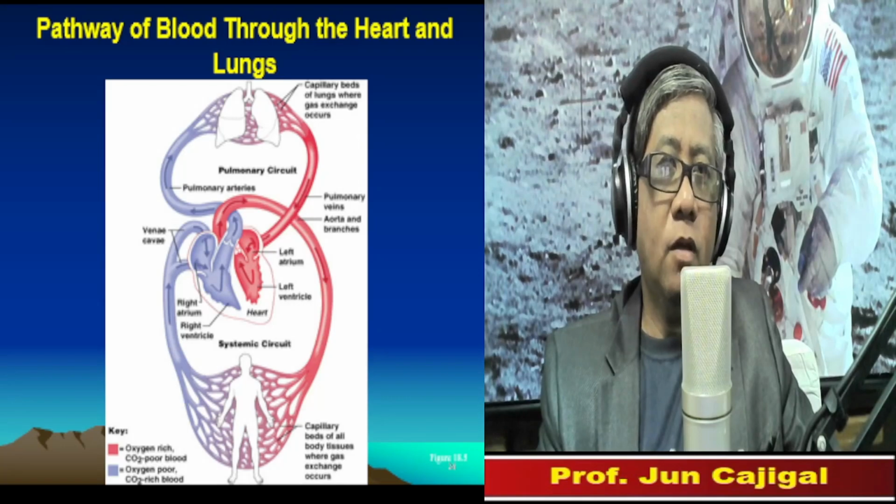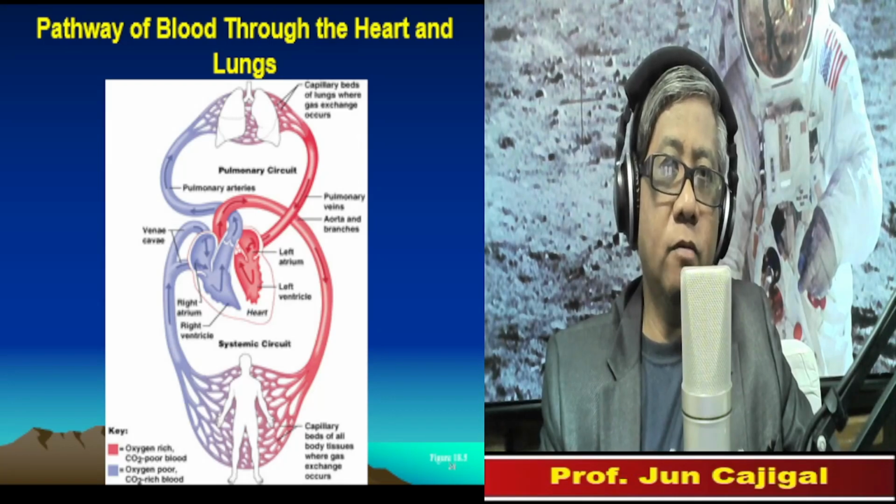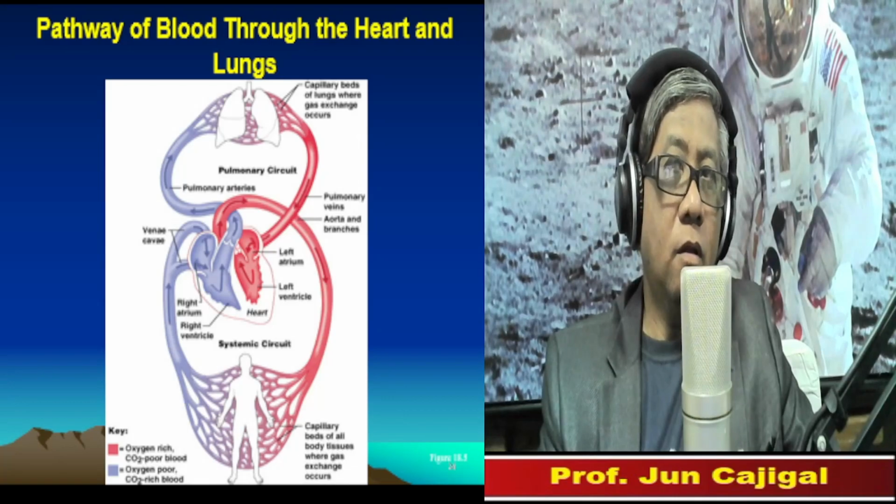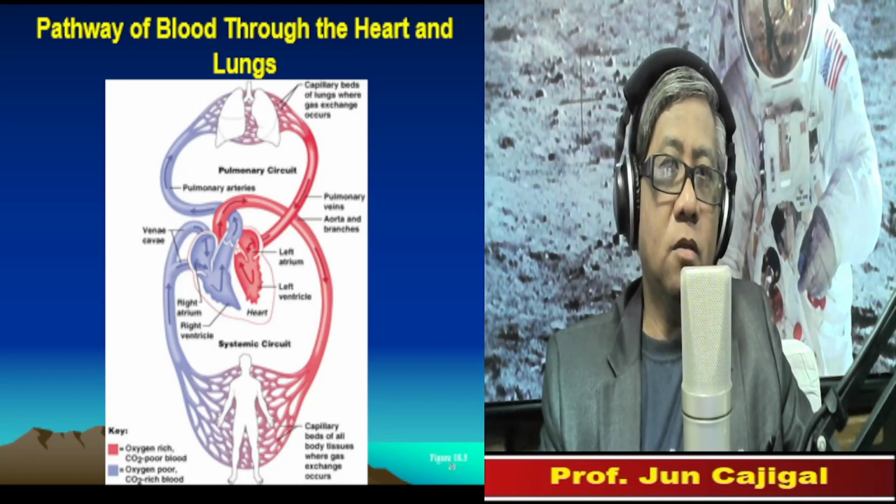Then from the left atrium, the oxygenated blood enters the left ventricle via the mitral valve. The mitral valve opens, allowing the blood to flow to the left ventricle. The left ventricle contracts, forcing the blood through the aortic valve and onto the aorta. Now the aorta will deliver the blood rich in oxygen to the entire systemic circulation, or the body tissues.